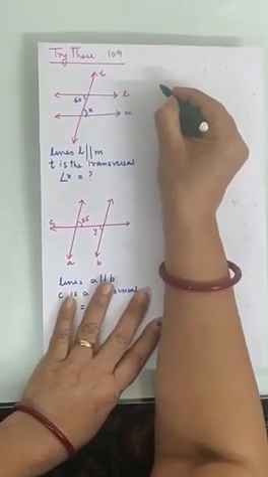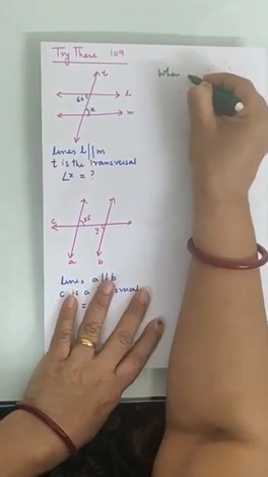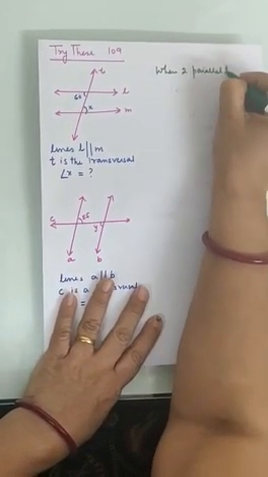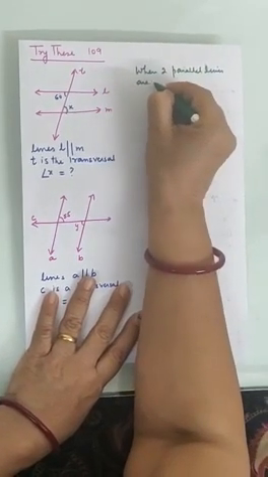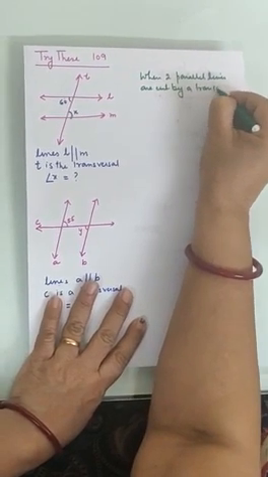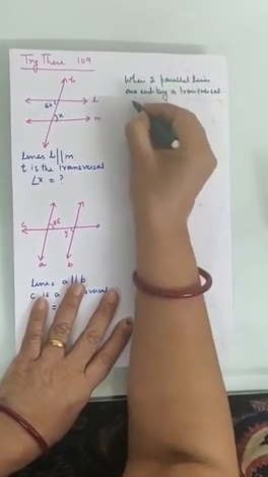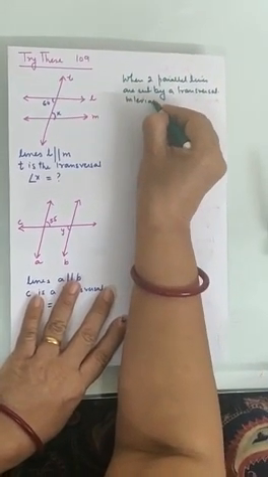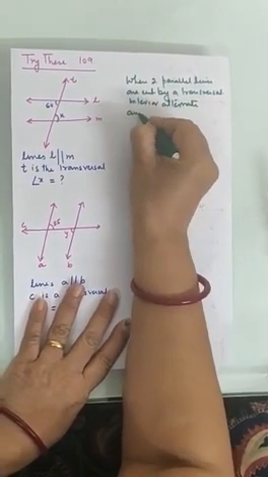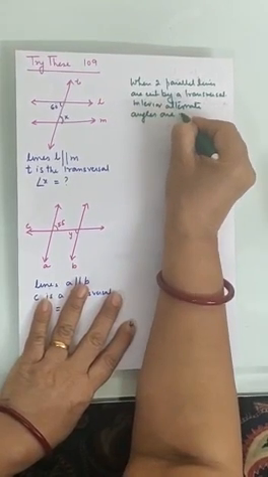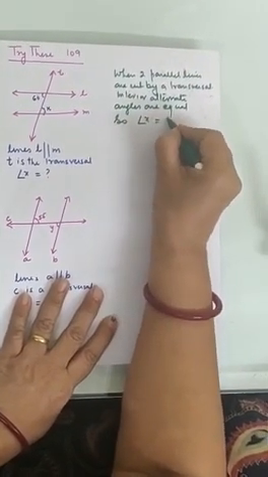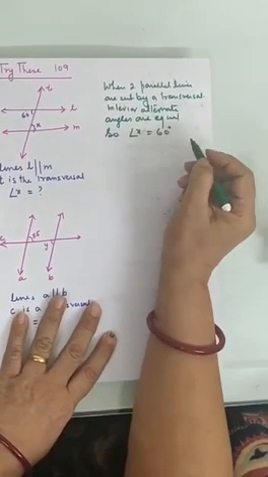So we will say here, when two parallel lines are cut by a transversal, interior alternate angles are equal. So angle X is equal to 60 degrees.